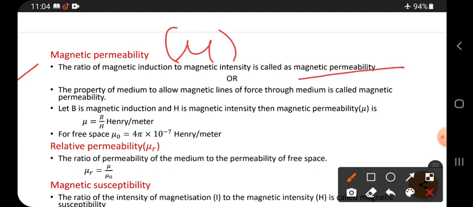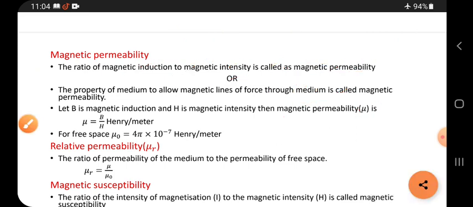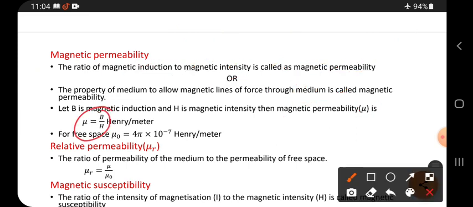Magnetic induction means B, and the ratio means division. Magnetic intensity means H, and intensity of magnetization means I. So B by H is mu, according to the definition.